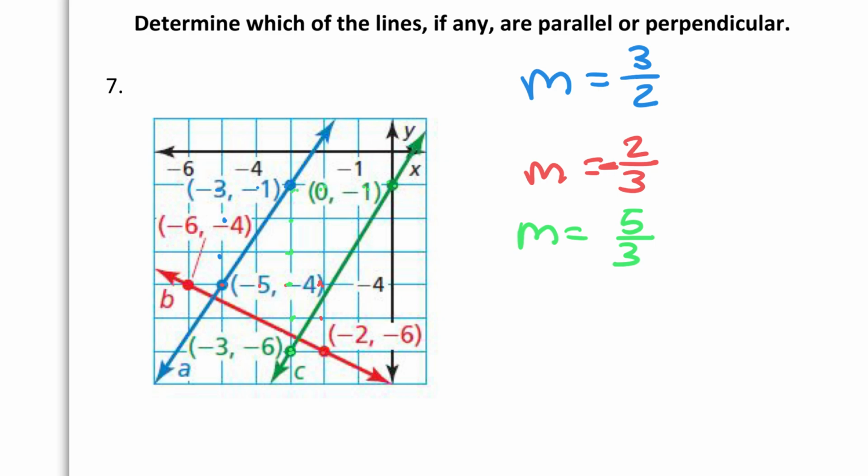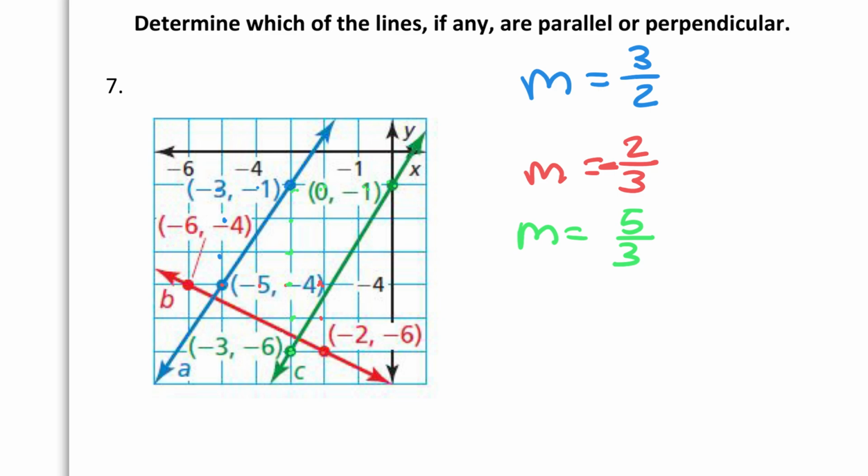Okay. So are any of these parallel? So the ones that are parallel, there is none that's parallel, because the slope for m is 5 over 3, and there's nothing that's equal to that.